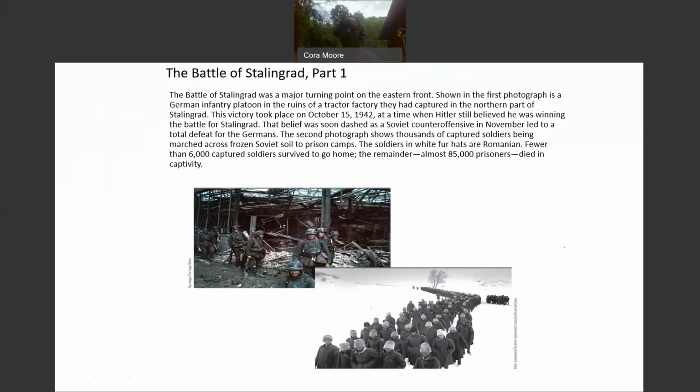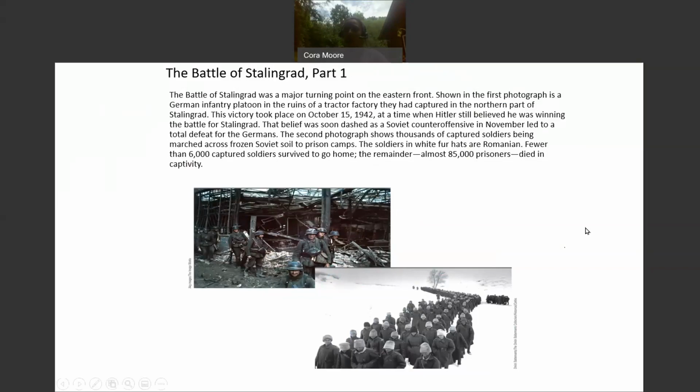So basically, what we see too with Stalingrad is because it was so cold, there were a lot of soldiers that surrendered, they gave up because they had better chances of staying alive in the prison camps than they did out there on their own waiting to fight. And so that's just basically what we see with these pictures, is we see those troops. I believe they're prisoners, so we see them marching probably to their camp.